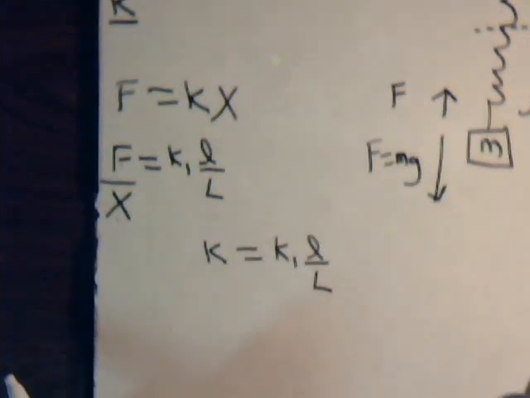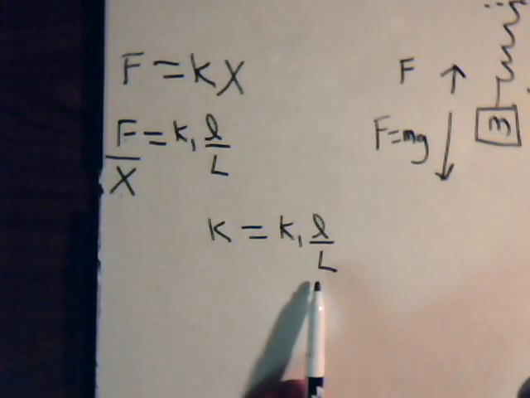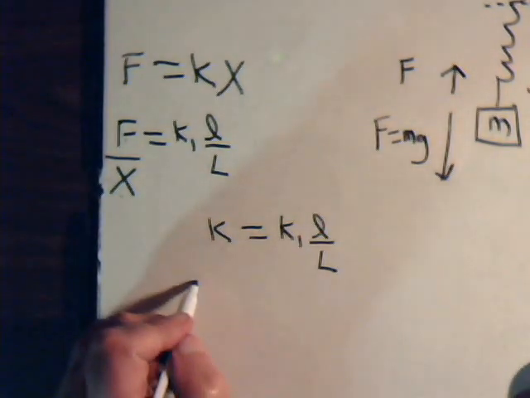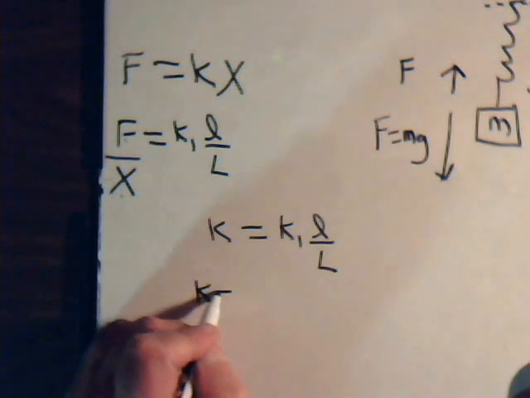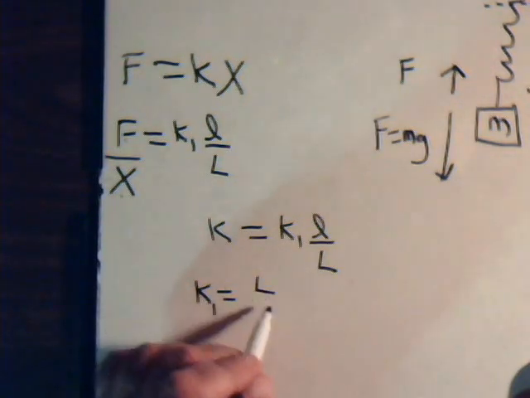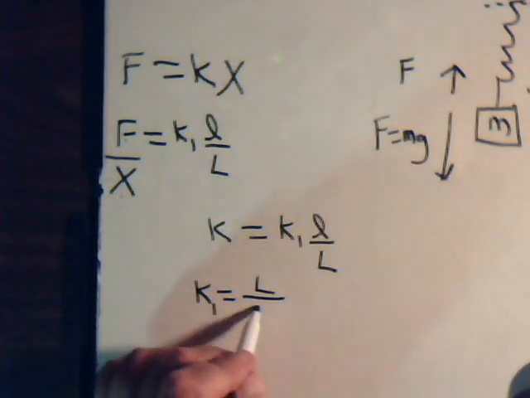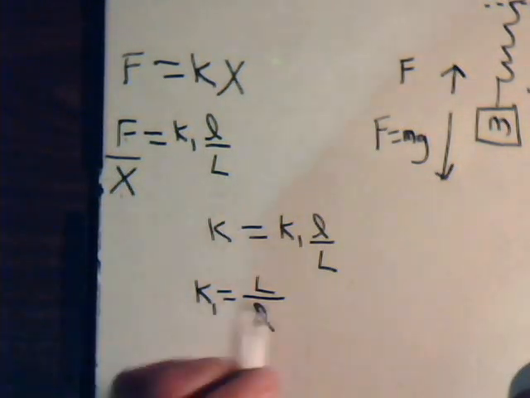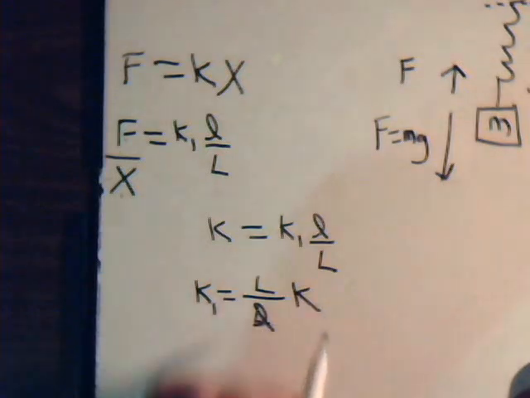And we have then the simple equation. Or we could say K1 equals big L divided by small l times K.